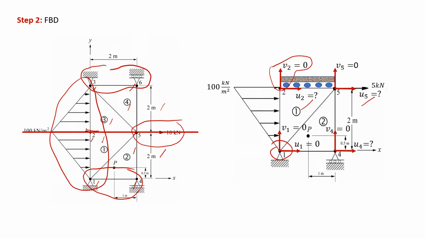Therefore, U5 is unknown and V5 is 0. Node 4 is pin roller supported, meaning that it can't move in Y direction, therefore V4 is 0, but it can still slide in X direction, so U4 is unknown. In this case, the number of degrees of freedom is 3, which are U2, U4 and U5. All the unknown displacements are in X direction.